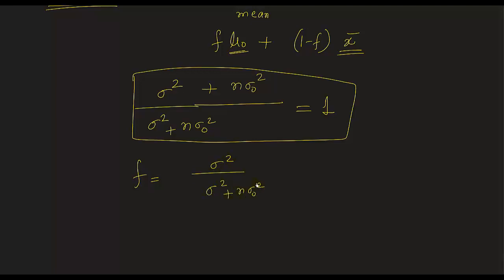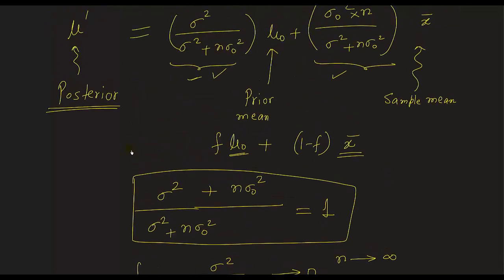n sigma naught square. Now let's say my data is very large, that is n tends to infinity. In that case, this denominator will tend to infinity. This means my fraction will tend to 0, or 1 minus f will tend to 1.